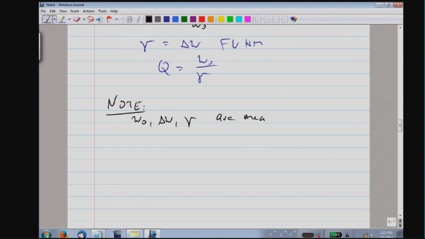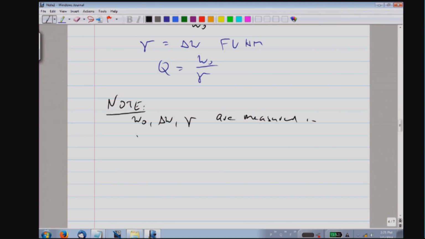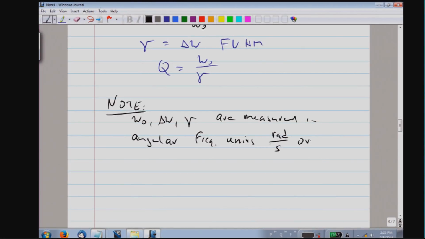The most systematic approach is that you should measure all those frequencies and line widths in angular frequency units, which are technically radians per second. But since radian has no dimension, we sometimes say we measure it in inverse seconds.